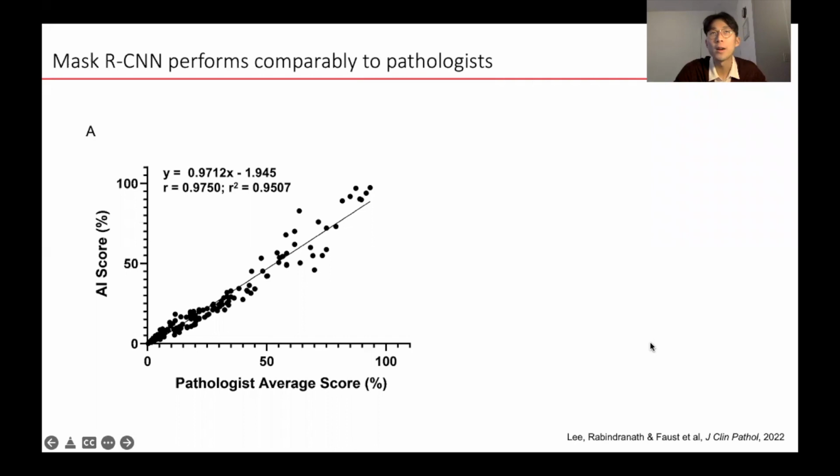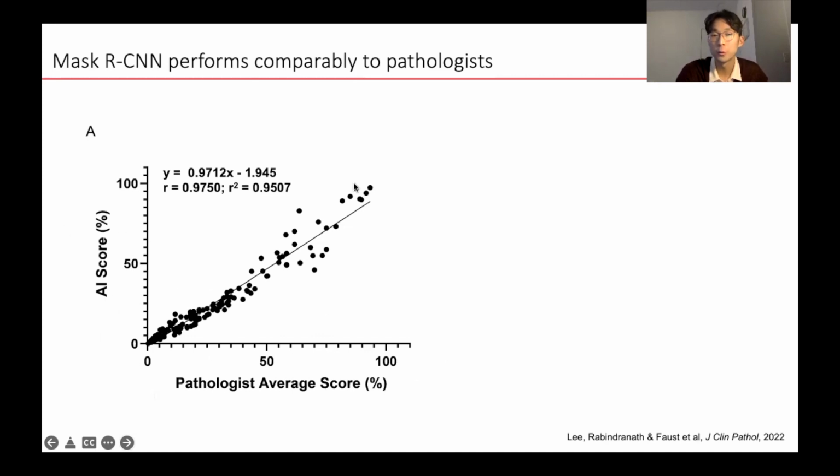And we wanted to then see how the mask RCNN that we've developed to count and quantify the different nuclear stains would compare to the performance of pathologists. So we asked 3 different neuropathologists and took the pathologist average score of those 3 on different Ki67 images, had them quantify them, as well as had our AI tool, the mask RCNN tool, score these images.